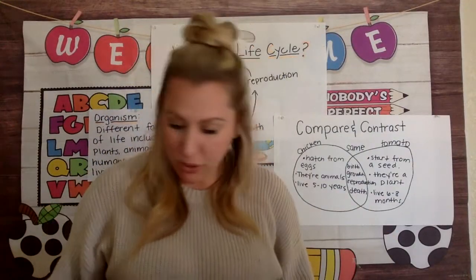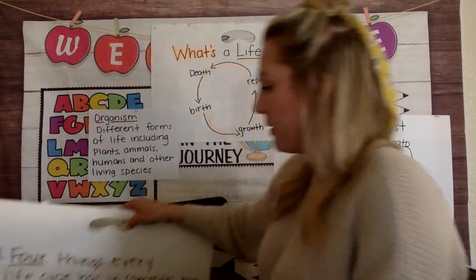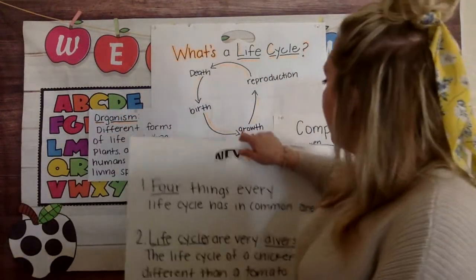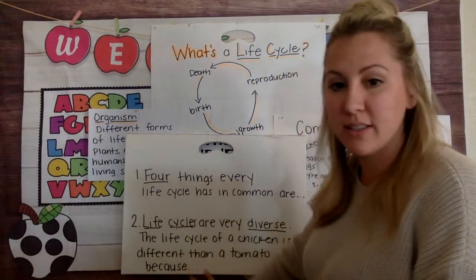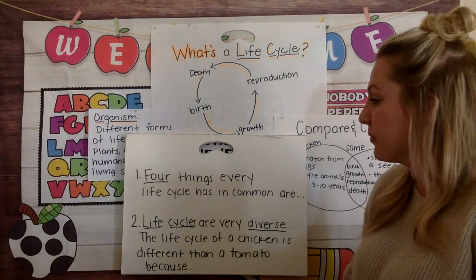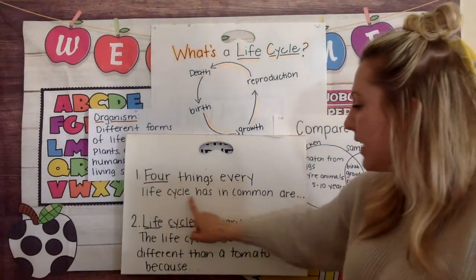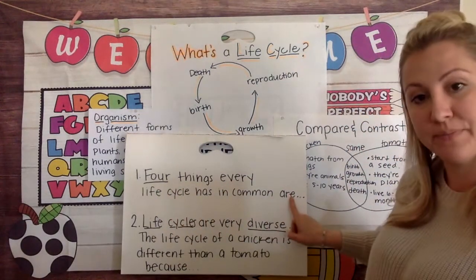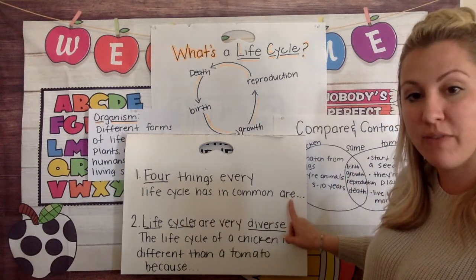I want you, in your science journals, I'm going to put up some sentence frames, and I want you to complete these sentence frames based off what we learned today. The first one says, four things every life cycle has in common are. I want you to finish the sentence frame so I can know if you understand or not.